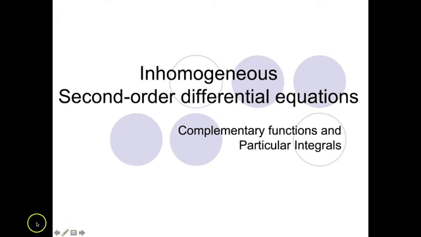That is, I showed you how to solve the differential equation of the form a d squared y on dx squared plus b dy on dx plus cy equals 0. In this video, we are going to look at the inhomogeneous case.